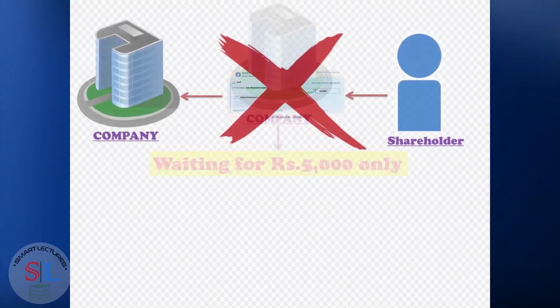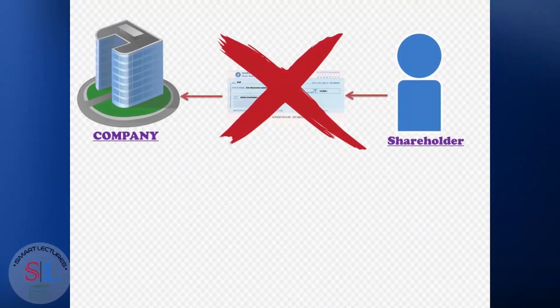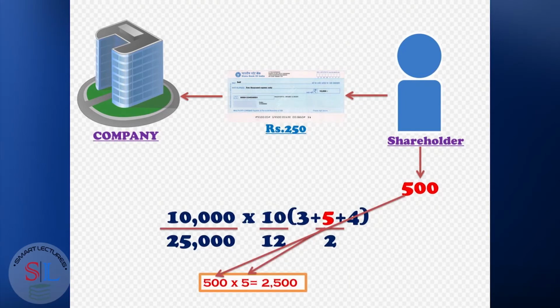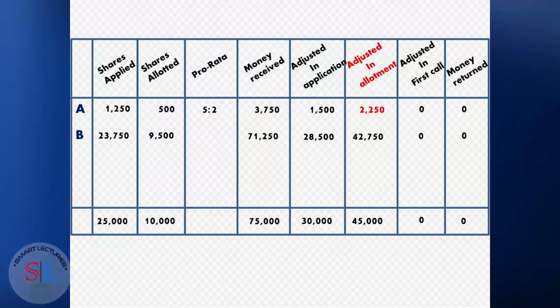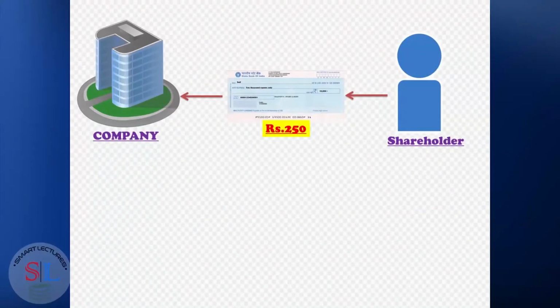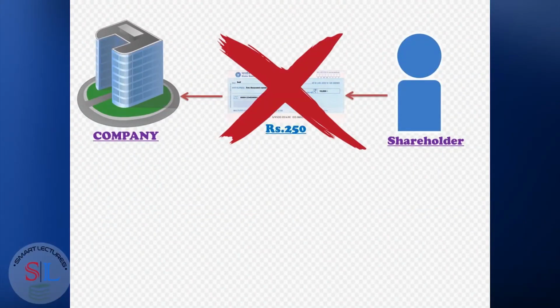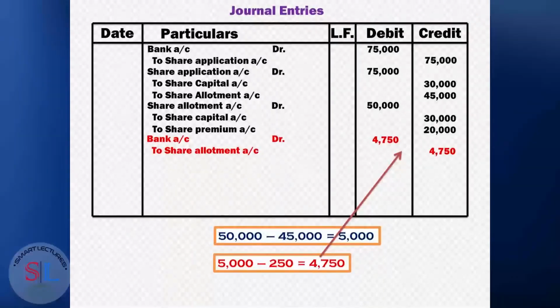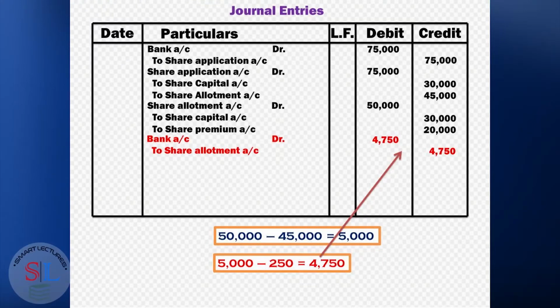But the company couldn't get one check from that defaulting shareholder. Actually, he was supposed to pay 250. How? Because he was holding 500 shares, 500 into 5, 2500 was due, but he had already paid 2250 as advance for the allotment. So he was supposed to pay 250 at the time of allotment but couldn't pay. So the real arrear was only 250. So 5,000 minus 250, 4,750.